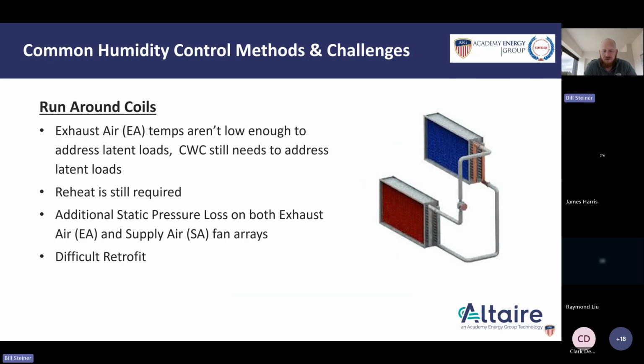So runaround coils, again, I've kind of mentioned this already. In the winter, we would employ this too, where we need to have energy recovery. These work just fine. They're efficient. However, one thing to note is this is not a means of dehumidification.